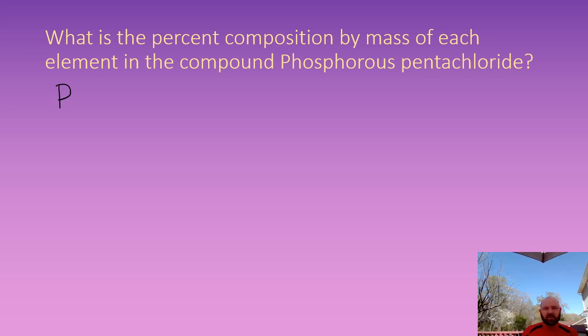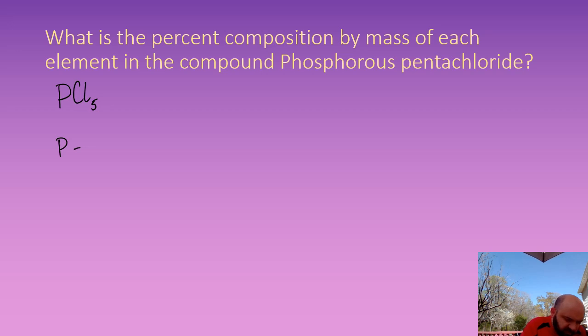Penta makes us think of the word pentagon, maybe, a shape with 5 sides, so penta is correlated with the number 5, telling us that there are 5 chlorines in our molecule, giving us a total formula of PCl5.